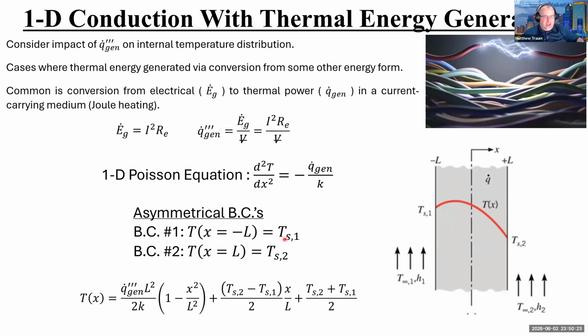I'm not going to go through the details of doing the integration. Presumably, you guys have taken the differential equations class. You know how to do this. So this gets integrated twice, and it ends up looking like this once I put in these two boundary conditions. So this is the equation for my temperature profile inside this one-dimensional planar wall with the heat generation term sitting out here as the lead coefficient.